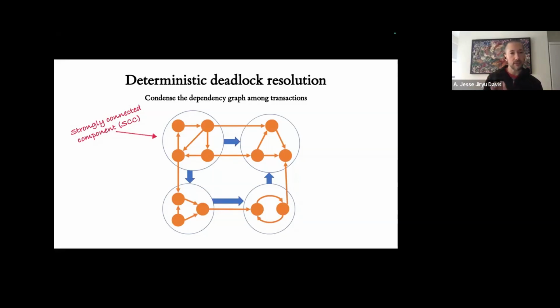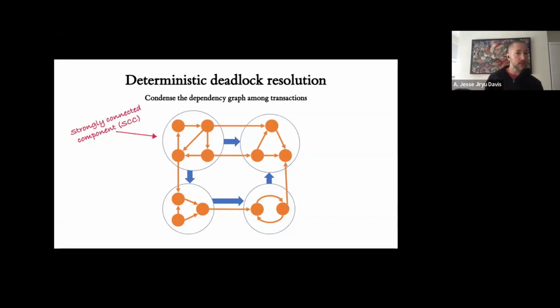So we identify these SCCs, and by definition, the dependencies among the SCCs do not have a cycle because you've isolated all of the cycles into an SCC. So you can resolve deadlocks within an SCC by just running the transactions by sorting them by their unique IDs. The transactions were assigned unique IDs by their coordinators.